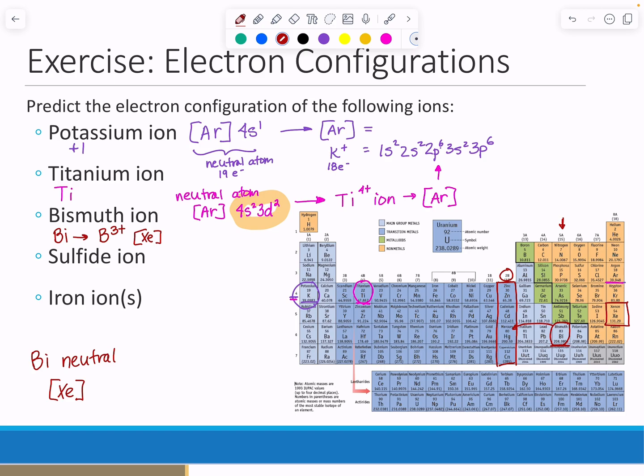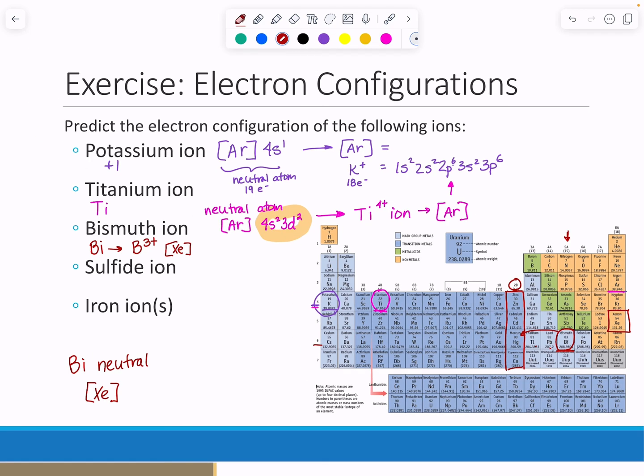And it is in the 6th row. So we're going to be 6. And then it's going to have, let's see, 1, 2, 3 in its P orbitals. I'm going to use 6p3. Okay, and then everything before that has to be filled.